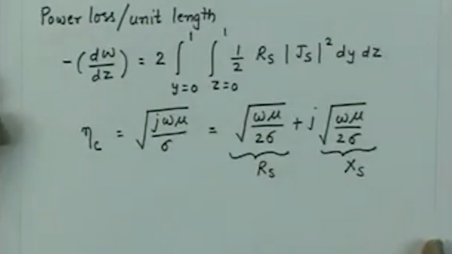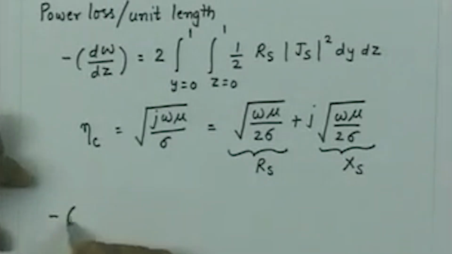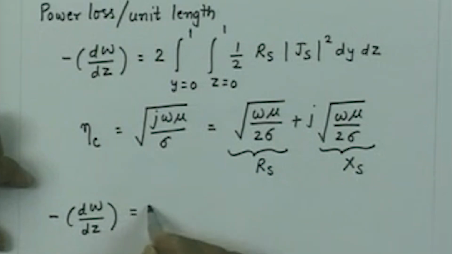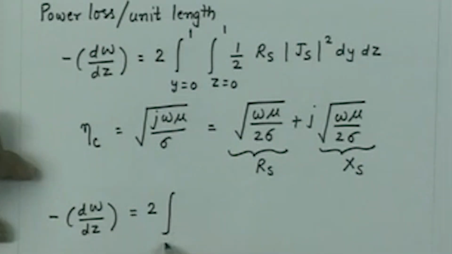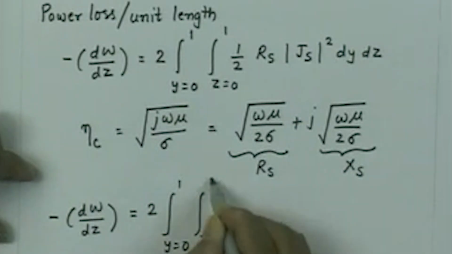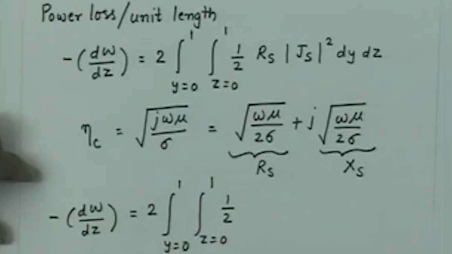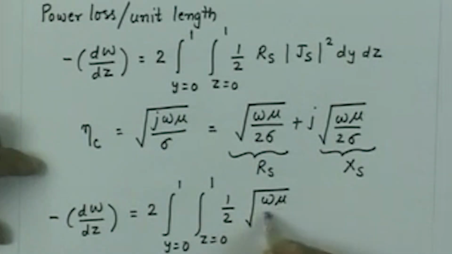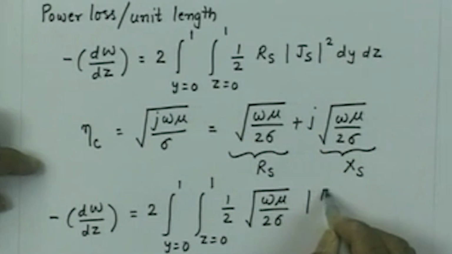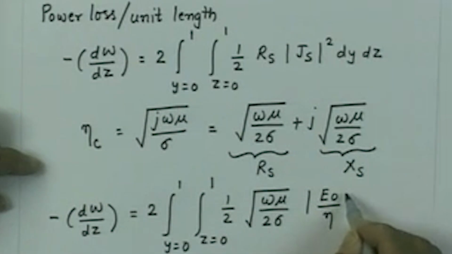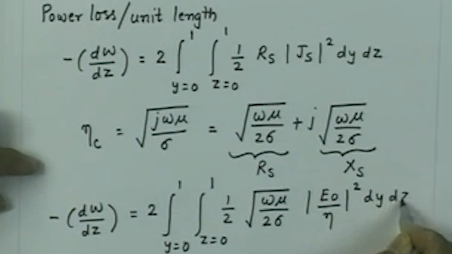So, I get the power loss per unit width, minus dW upon dz, equal to 2 times the integral y = 0 to 1, z = 0 to 1, half Rs, which is this quantity square root of ωμ upon 2σ, times (E0 upon η) squared, dy dz.